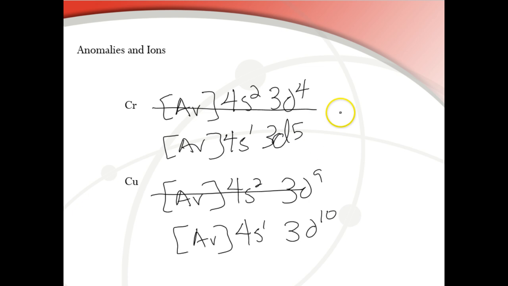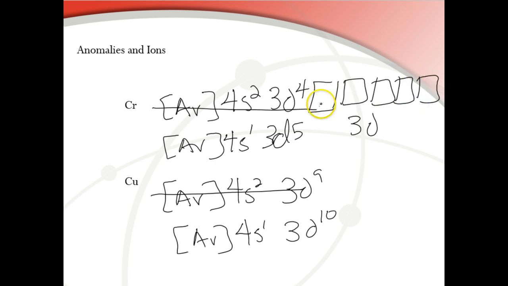If we look at the orbital diagram for the 3d, 1, 2, 3, 4, 5 orbitals. What I mean by half-filled is we have 1 electron in each of those orbitals.